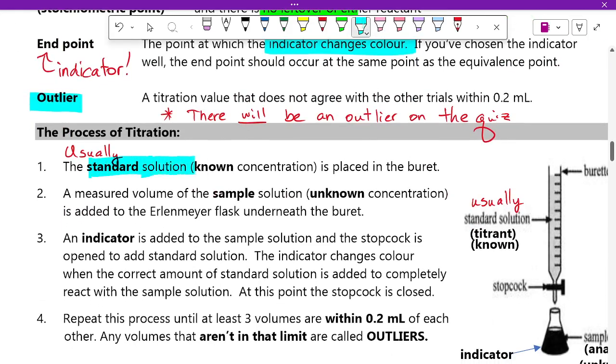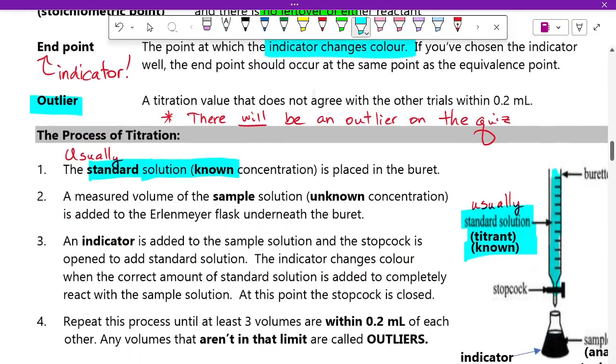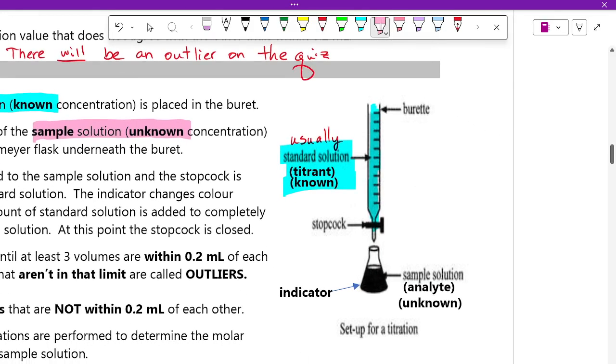Standard solution, that's the one where we know it, goes in the burette. The sample solution, that's our unknown, usually goes down here. And also down in the, what kind of a flask is this called? Erlenmeyer flask.